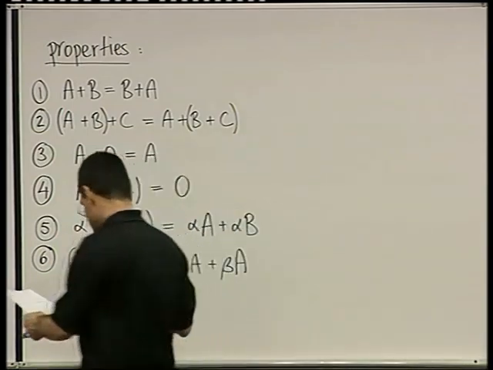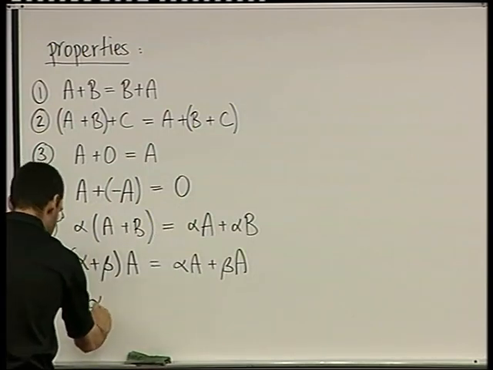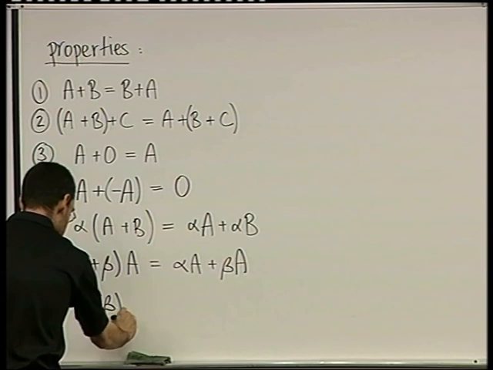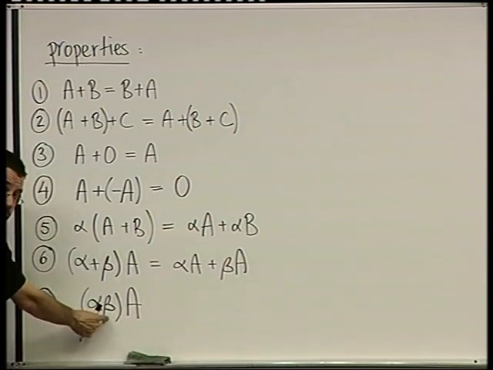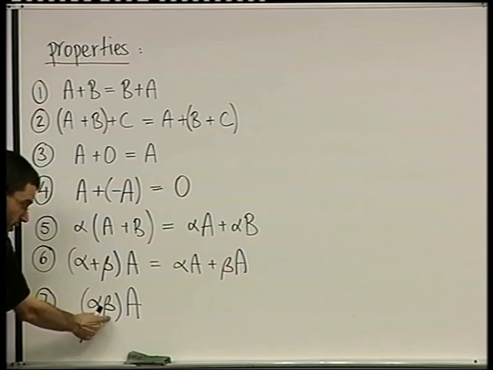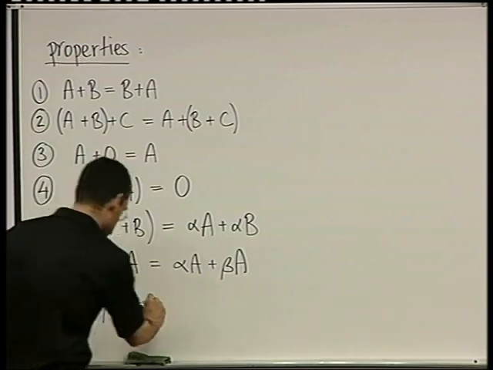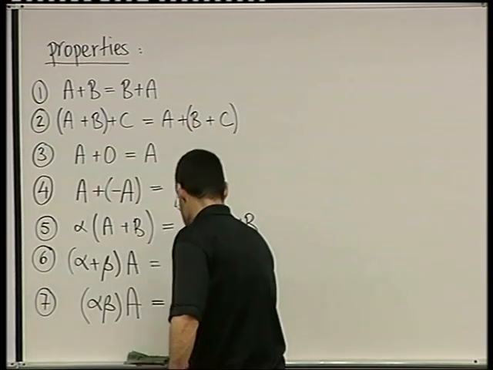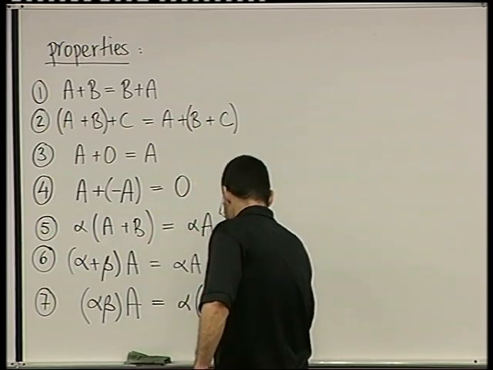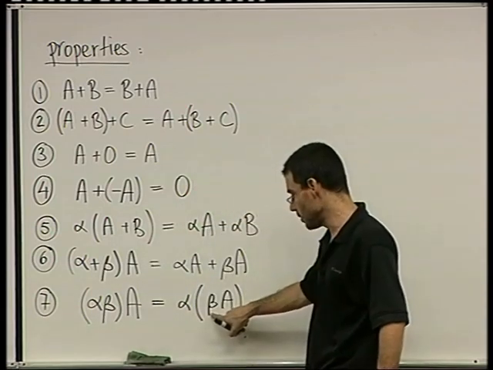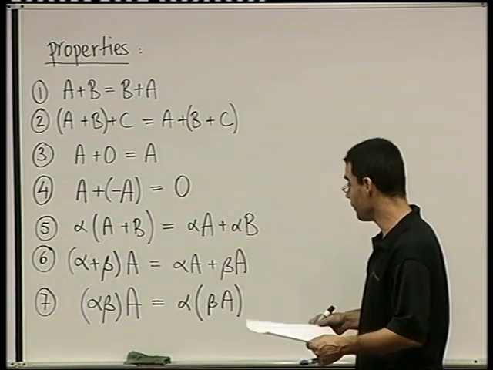Okay, 7: alpha times beta times A. Alpha and beta are scalars, so alpha times beta is just a number. When you multiply it by the matrix A, it's the same as taking alpha times (beta A). You first multiply the matrix by the scalar and then by the other scalar. You should be convinced that these are the same.